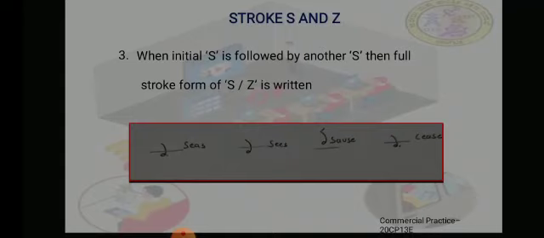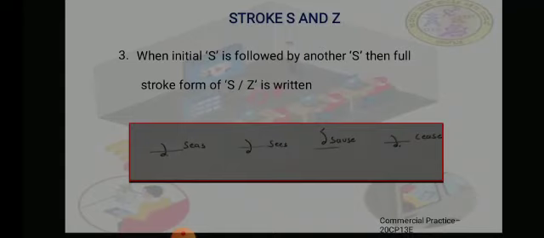Then the next rule: when initial S is followed by another S, then full stroke form of S or Z is written. So you see there are certain words which have only two S sounds in that particular word.